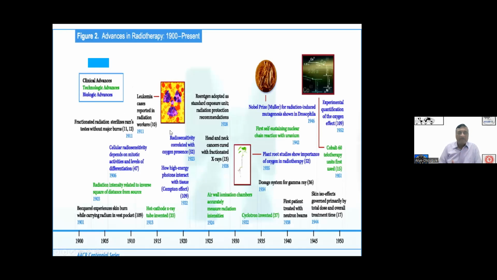Now, in radiotherapy, in the last 125 years, a huge amount of development has taken place. These developments are in terms of technological advancements, in the machine, the accuracy of the dosimetry and dose delivery, and second, the biological advances: understanding the biology of cancer and the biology of radiation effect, and using it optimally.